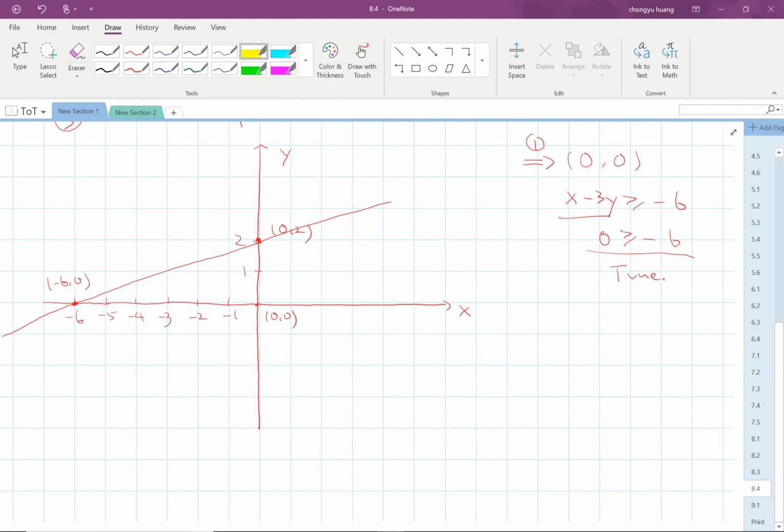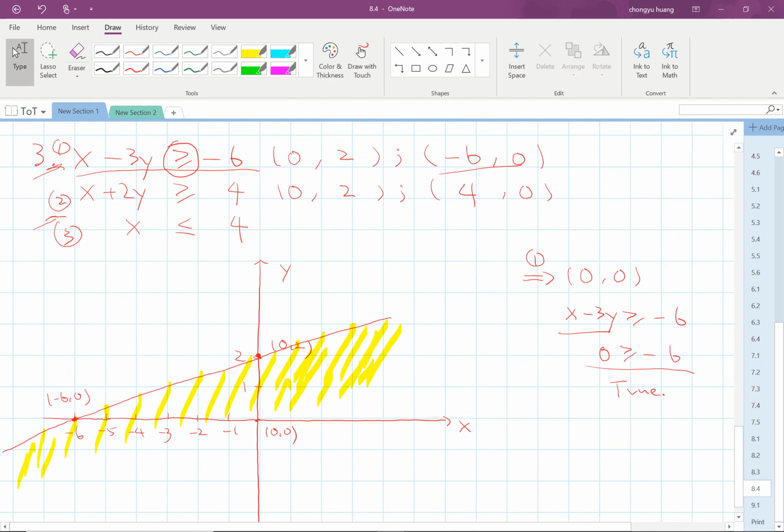So now we have to include 0, 0, which means we have to include this area, the right side with respect to the line. Now we have totally finished the graph for the first equation.